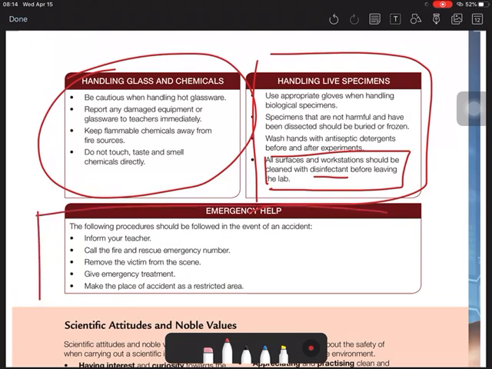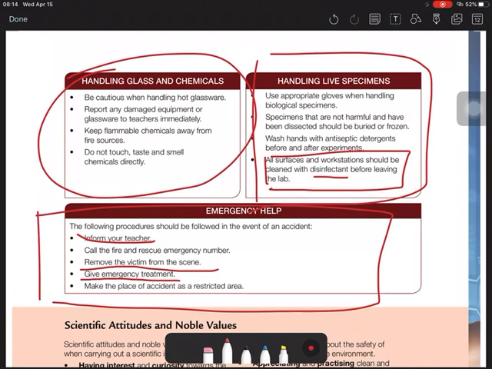Emergency help: just inform your teacher, and I'll take care of the rest. Remove the victim from the scene. If the victim is close to fire, remove the victim from the fire. Emergency treatment: if you are a certified rescuer with BBSM, then you do that. If not, then don't touch anything.